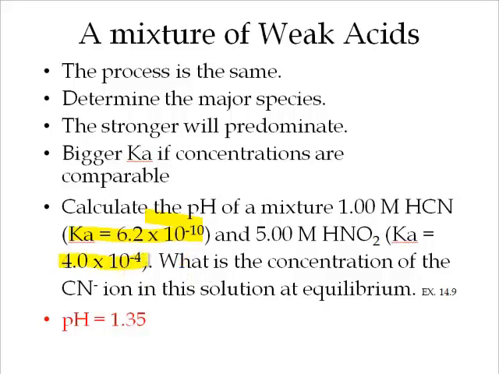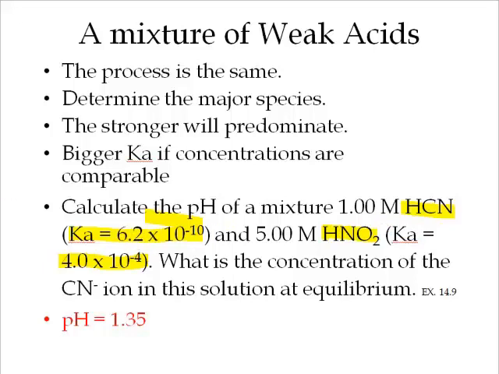Now, the difference between 10 to the minus 10 and 10 to the minus 4 is 6 orders of magnitude, or a million times, I guess is the way I should say it. We know that the nitrous acid is going to donate almost all of the H+, whereas the H+ donated by the HCN, with this Ka, is going to be virtually non-existent.